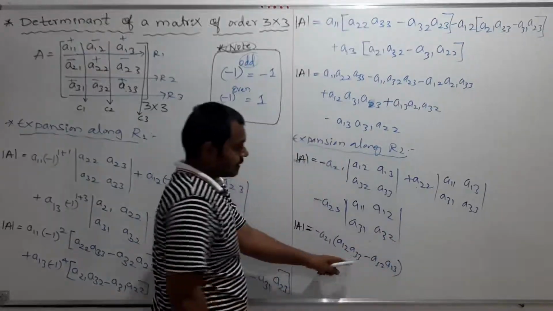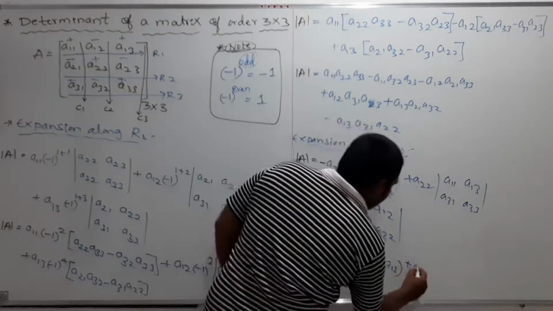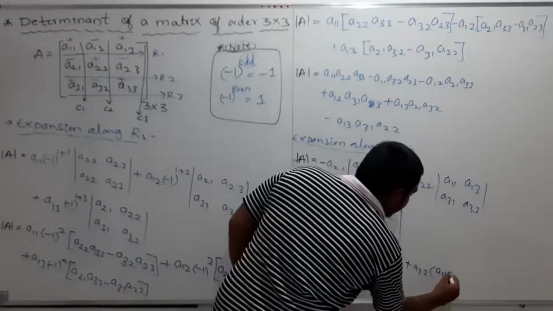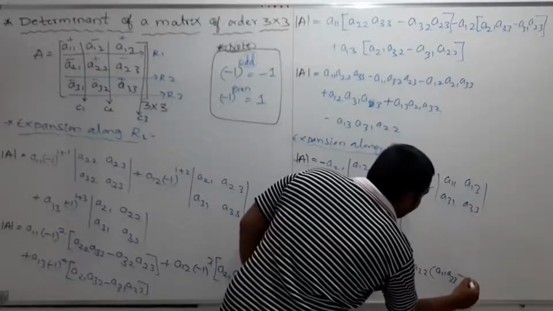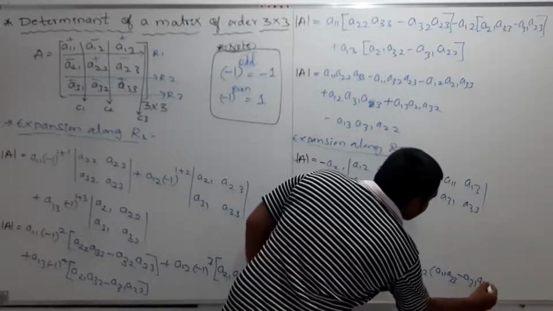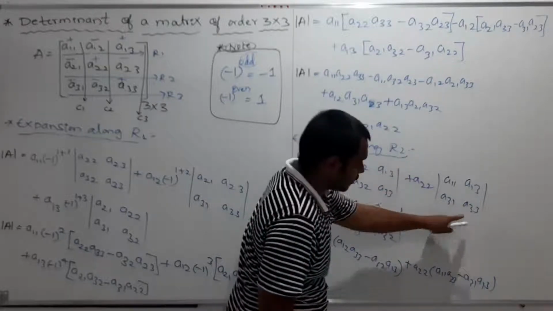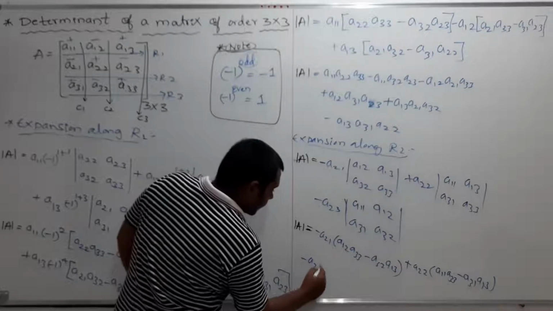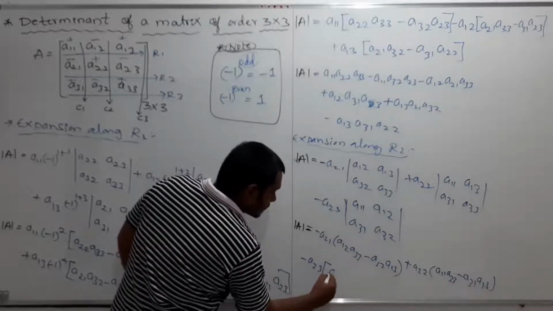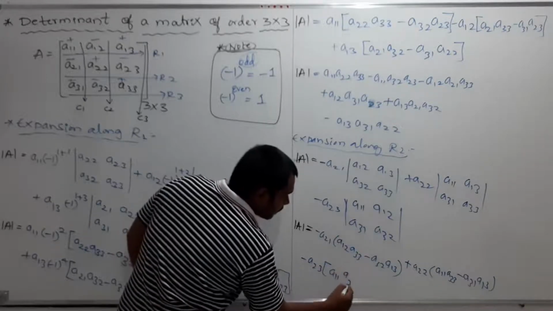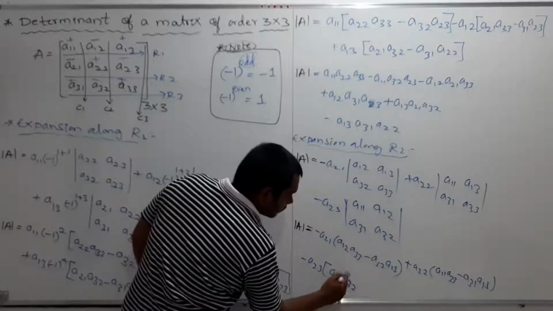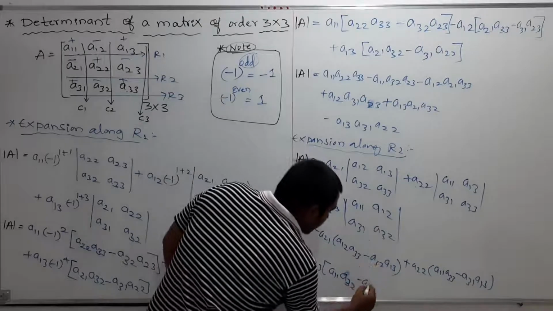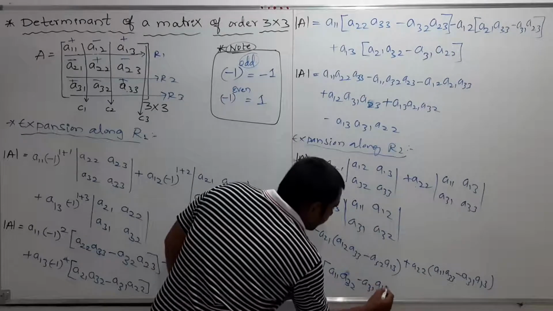Clear? And similarly here it is a22 into a11 a33 minus a31 this element, next this element, next minus a23, the determinant of this is a11 a32, this element into this element, negative of a31, this element into this element.